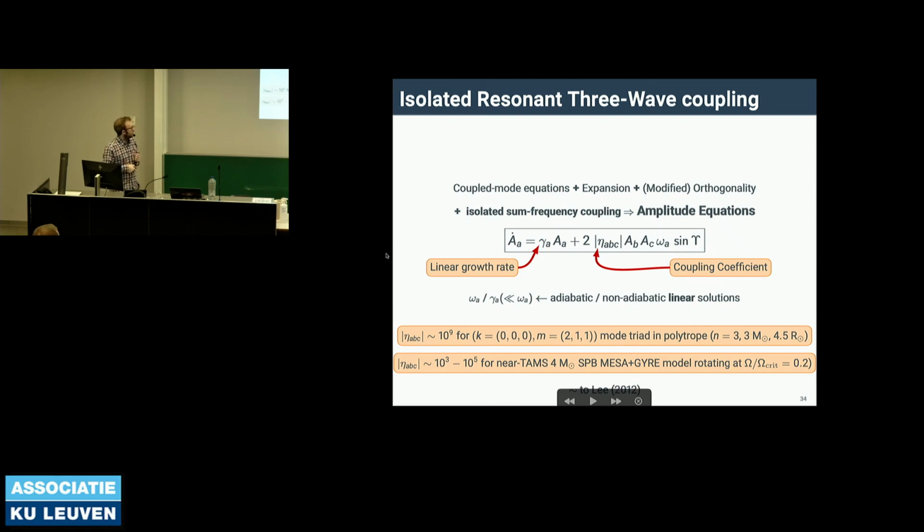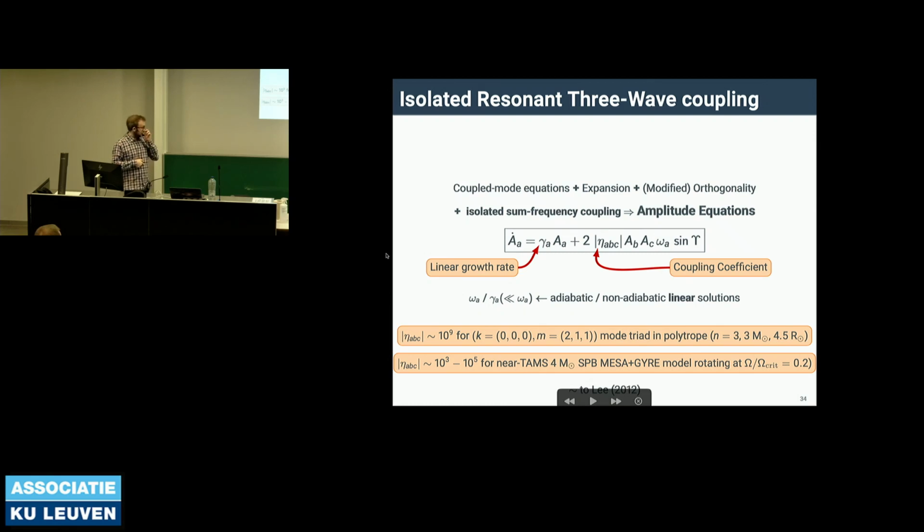However, when we do that for a near terminal age main sequence, 3 solar mass slowly pulsating B star model using MESA plus GYRE that is rotating at 20% critical, we get coupling coefficients that are a bit lower, and that's because using these MESA plus GYRE models, we have a specific near core zone that is very important, and the internal structure there looks quite different from your polytrope.